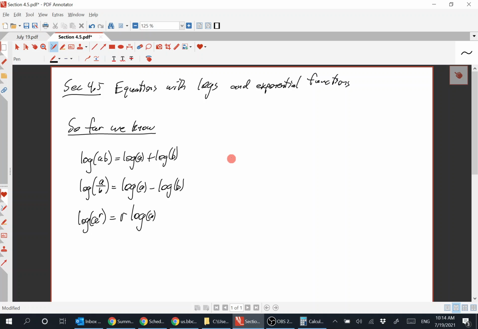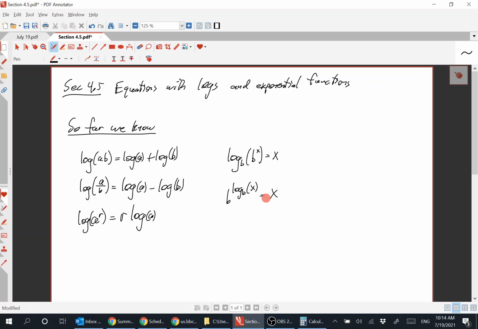Other things we know: the log base b of b to the x is just x, and b to the log base b of x is x.